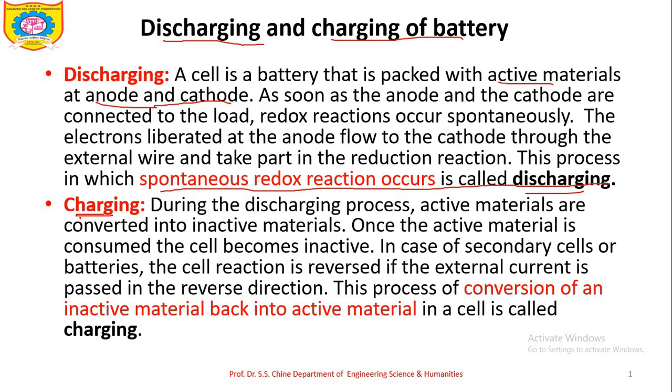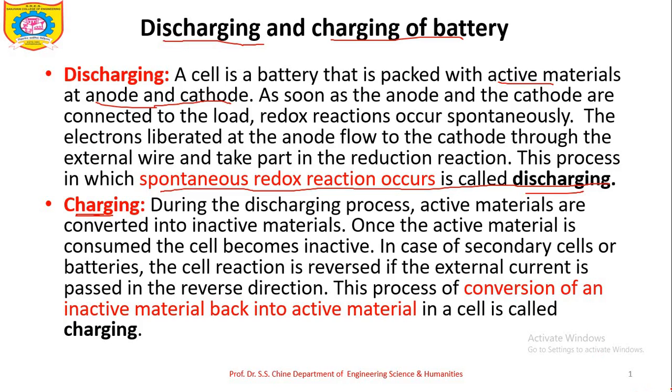When all the active material is consumed by the cell, the cell becomes inactive. This inactive cell we have to convert into an active one. That process is known as the charging process.